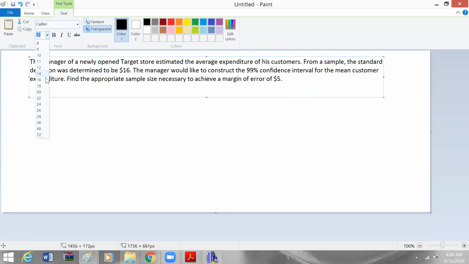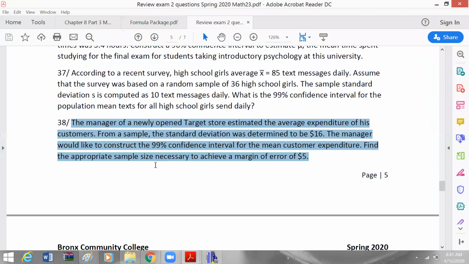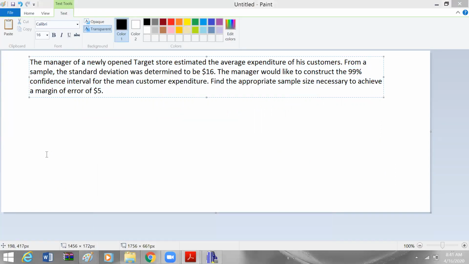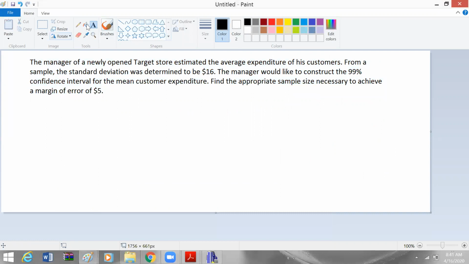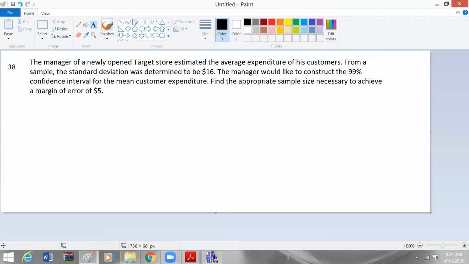Let me make it a little bigger so that we can see it. This is question 38 on the list, so I'm going to put down question number 38 and circle it so you can see this is the question that we worked on.